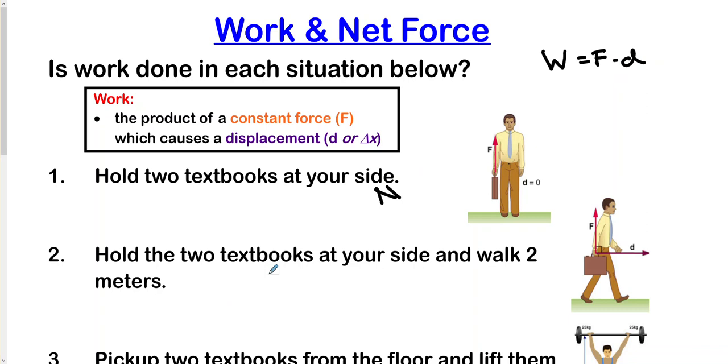If you hold 2 textbooks at your side and walk 2 meters, is work done? The answer to this is also no. And it's weird for some students, but this is actually no work is done. Our definition is the product of a constant force which causes a displacement. So look at this picture. What direction is the force? The force is you holding this textbook up, and the displacement is to the right.